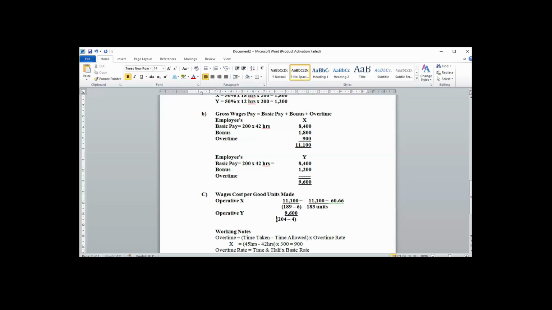That gives us what? 9,600 divided by 200. That's 48.